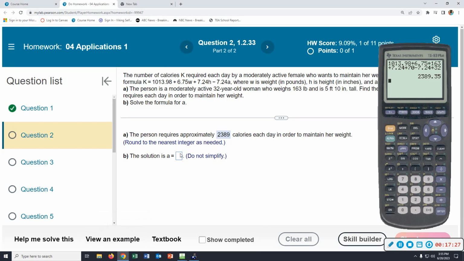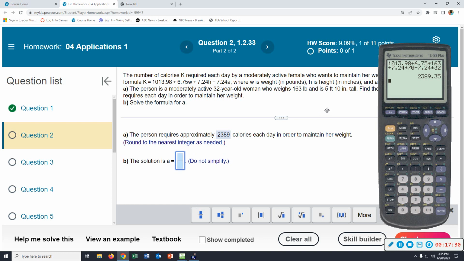Here, type in fraction bar. 1013.98 plus 6.75W plus 7.24H minus a capital K. Since they're using a capital K up here, don't change it to a lowercase k.